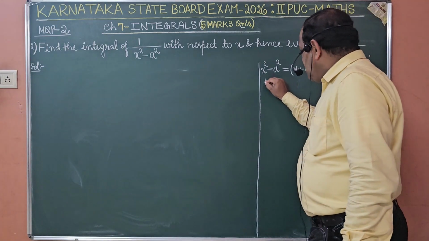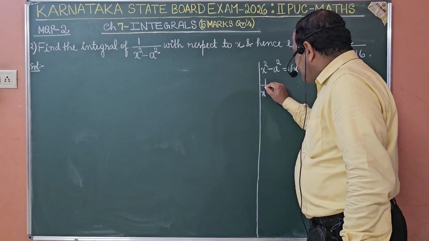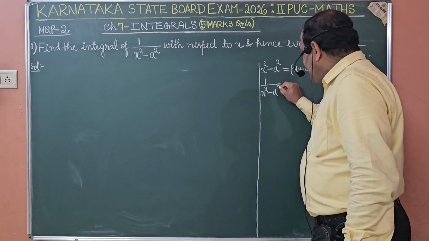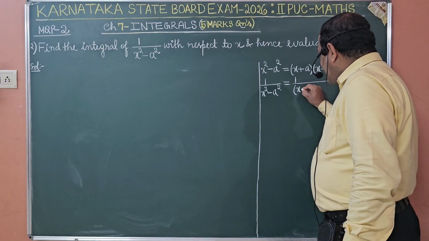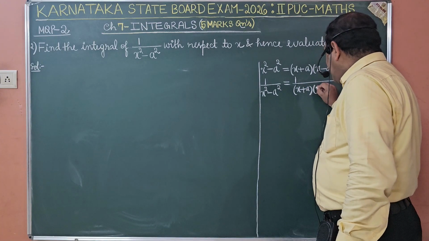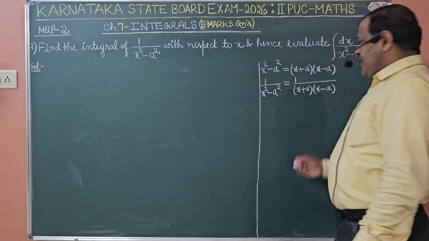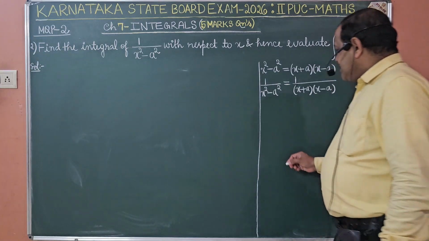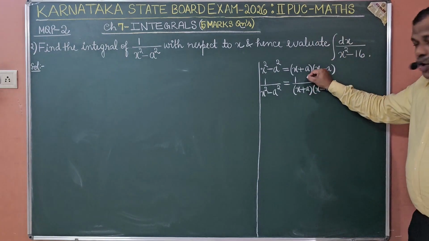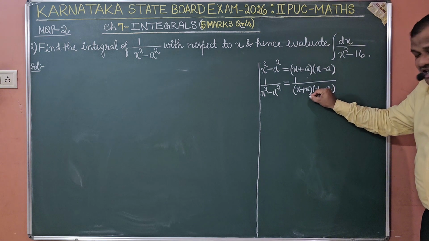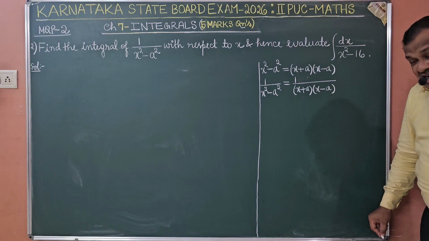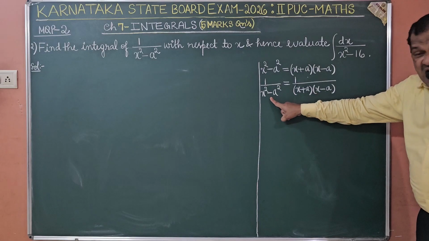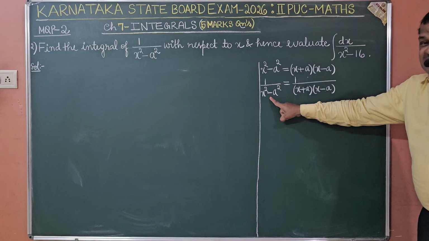Therefore, our given integrand 1 by x square minus a square becomes 1 by x plus a into x minus a. Now I will resolve this into partial fractions, and that will be the answer of this itself.